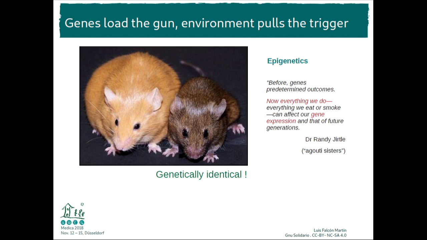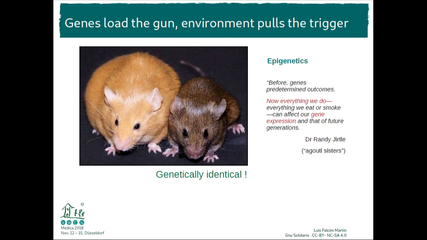So here we have the impact of what the environment has to do with you. These two mice that you see there are, from the genetic point of view, identical. Yet one is obese, with a propensity to cancer, diabetes, etc., and the other is very healthy. And what is most important is that their offspring will also be healthy.